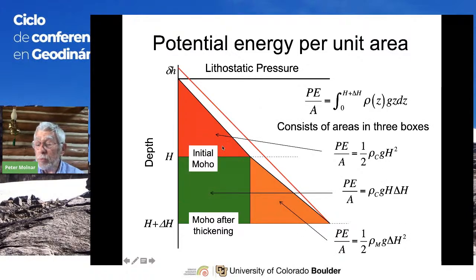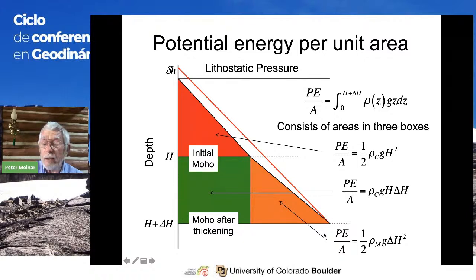Well, you can look at it as three regions: a triangle here, a half times crustal thickness squared, rho C g, a half; a rectangular, or square, area, rectangular strictly, over here, where it's simply crustal density times gravity times the thickness of the crust, because this product is the lithostatic pressure at that depth, and this height difference.